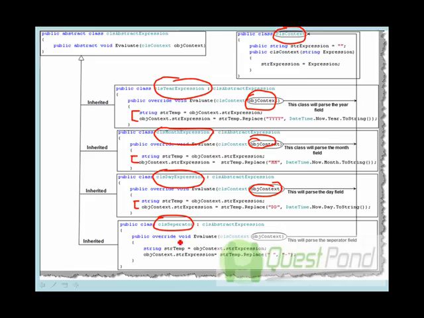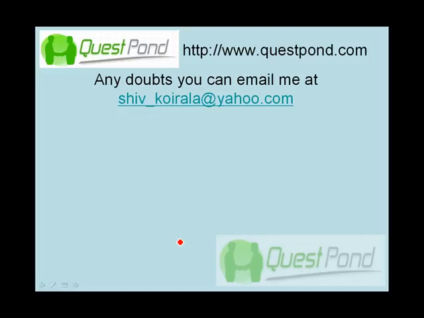So I'm sure that once you have understood the code walkthrough of what I have done, you would have got a feel of what exactly the interpreter pattern is. First thing, the interpreter pattern is a very rarely used pattern. This is very important to understand. So in case your project demands such a situation where you want to parse a complicated grammar, then the interpreter pattern is the way to go.